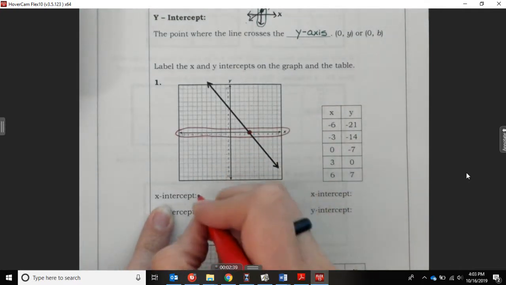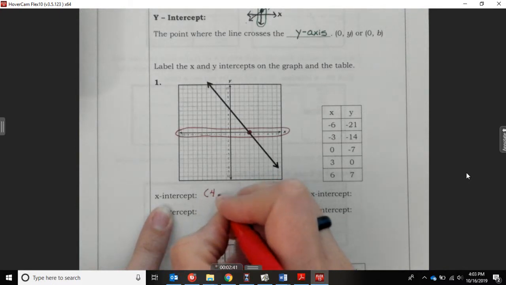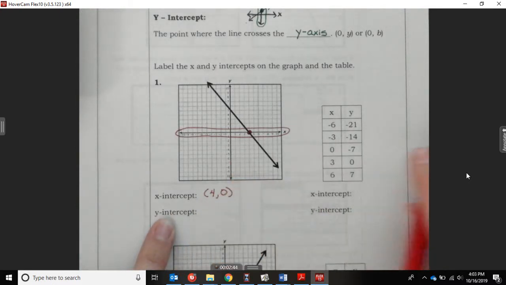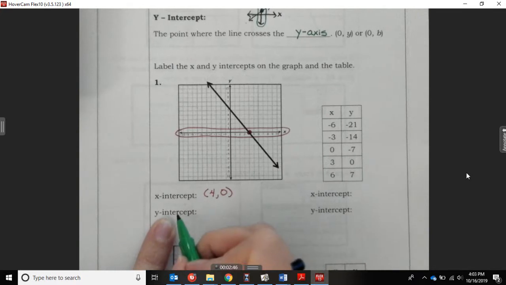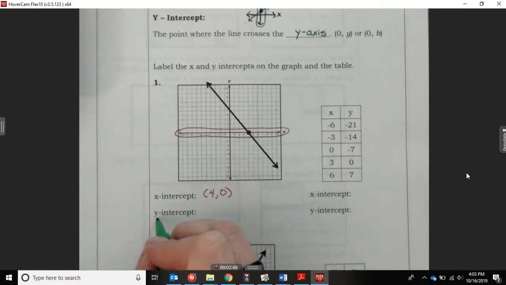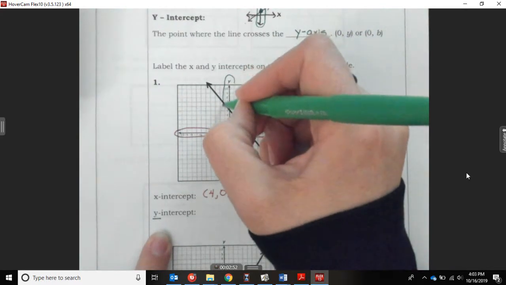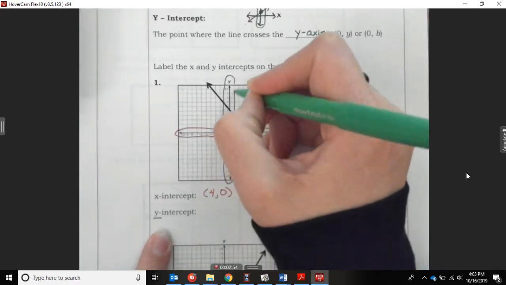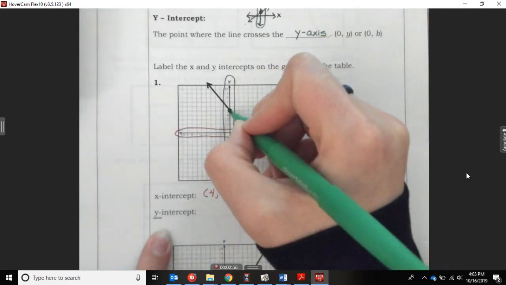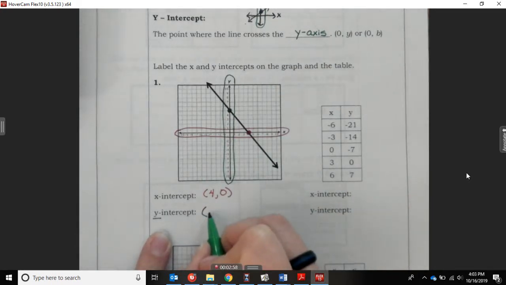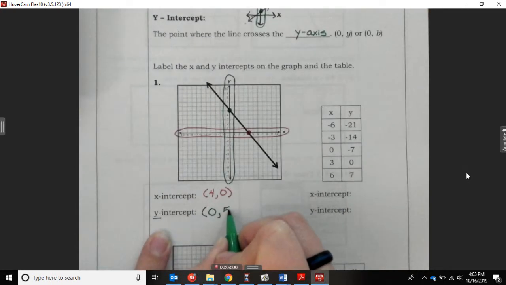And that ordered pair is 4, 0. Okay, my y-intercept crosses the y-axis. So where does the line cross the y-axis? And it crosses up here at 5. So my ordered pair is 0, 5.